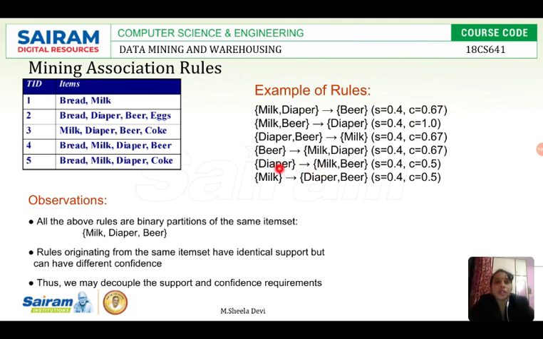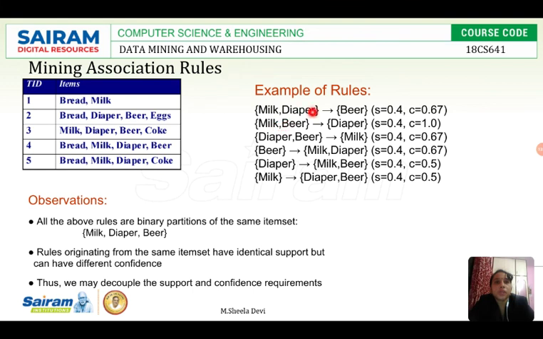See, if you take this example, diaper, milk, beer, all the 3 items are there in the second association rule also. Check here, milk, diaper, beer. So the support is the same and confidence is also the same here. And if you take diaper, beer, milk, diaper, see here support is the same and the confidence is the same.